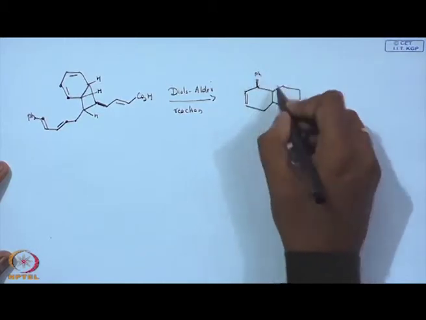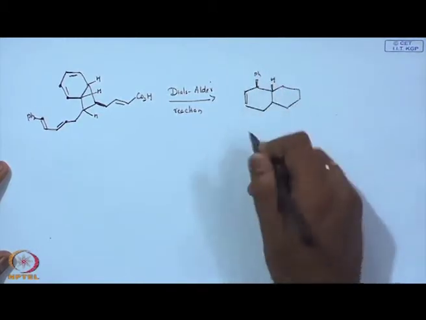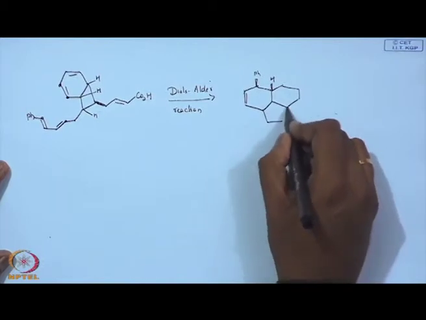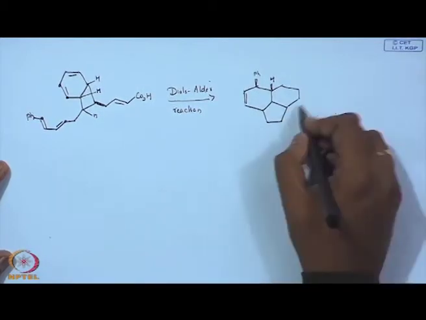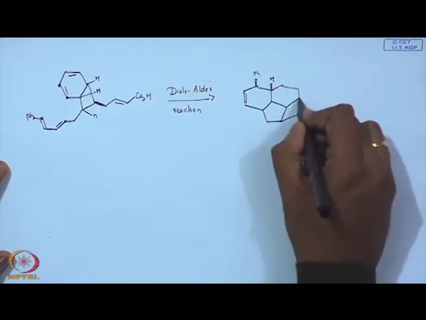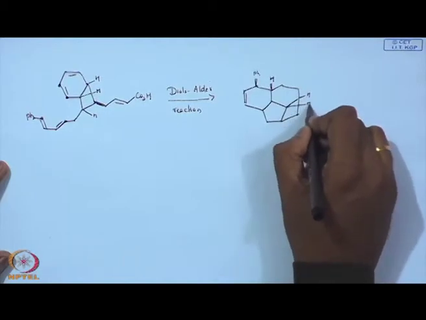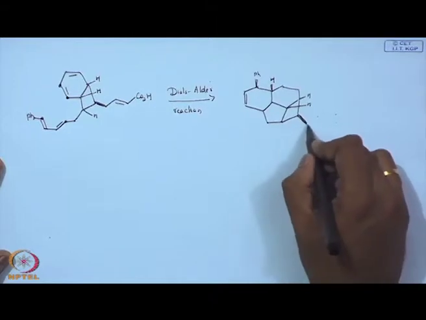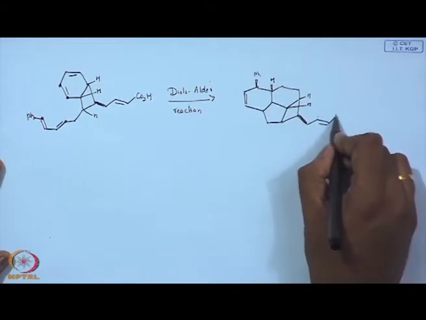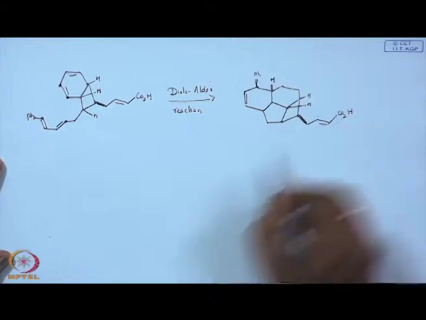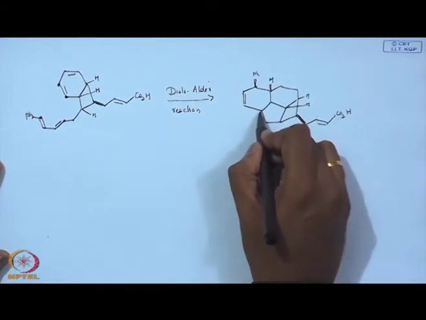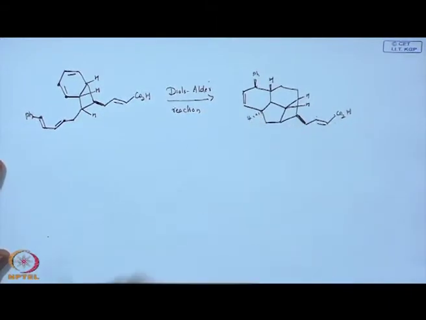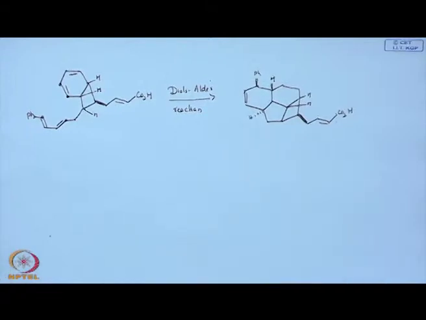So you have phenyl, you have your hydrogen, okay, hydrogen here, hydrogen, you have your carboxylic acid outside, and then you have this one, hydrogen, you have double bond.